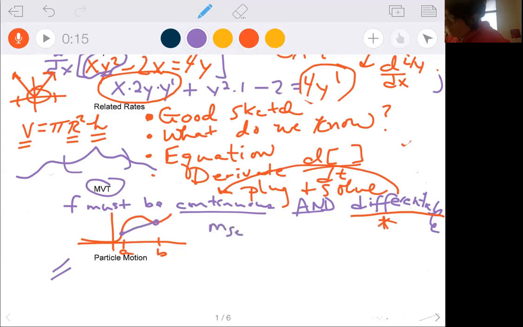I said, the minute you see the mean value theorem, think m's for slopes, where the average rate of change or the slope of the secant line has to equal the instantaneous rate of change or the slope of the tangent line. That has to happen. Your average change has to equal your instantaneous rate of change at at least one point on that interval.